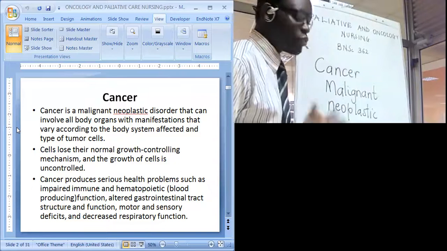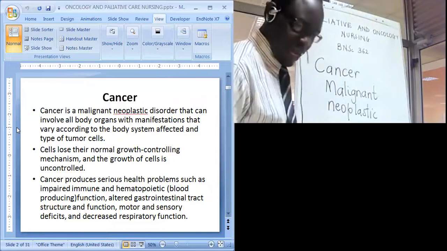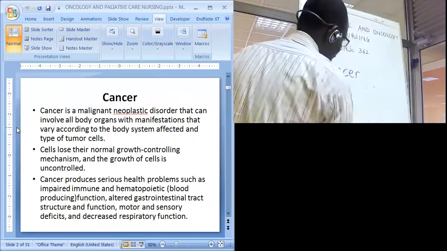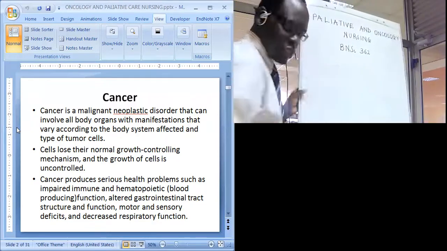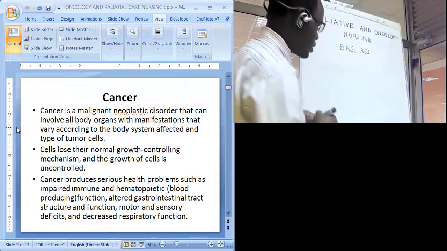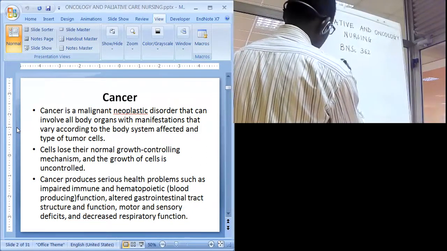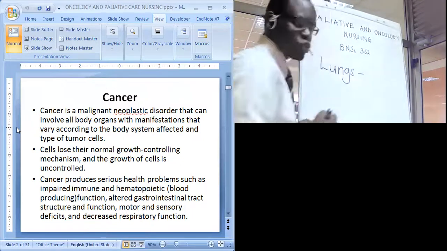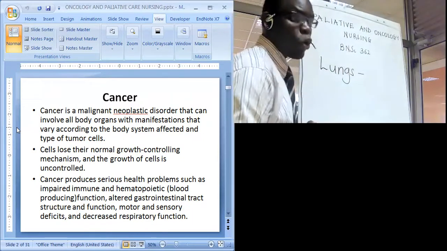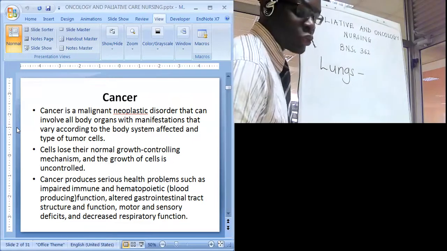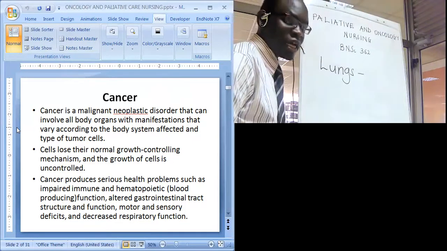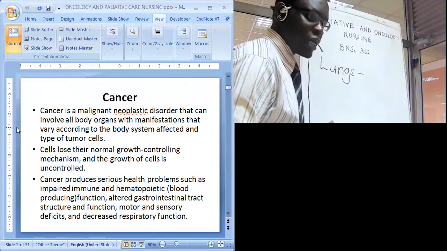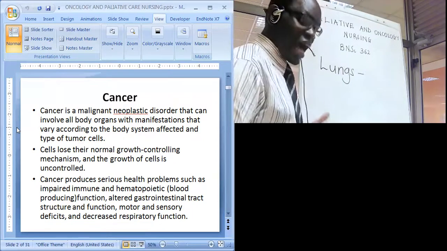Depending on where the cancer is, it brings about several health problems. For example, if it is within the lungs, you'll have issues like coughing of blood and a hoarse sound.